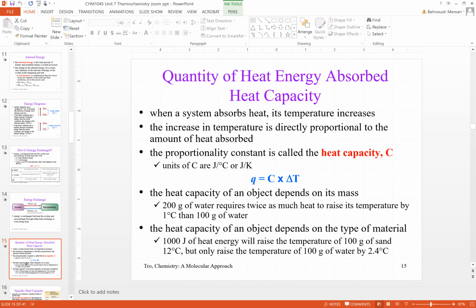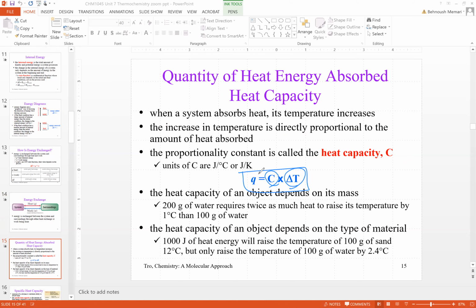How can the amount of energy be calculated? Q is the symbol used for the energy. It depends on the change in temperature, and it also depends on the heat capacity.